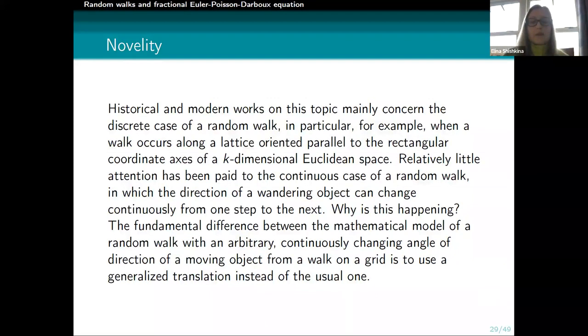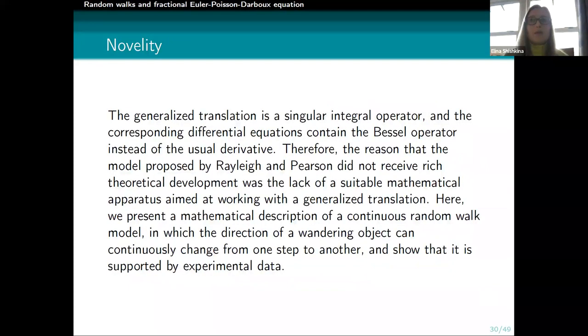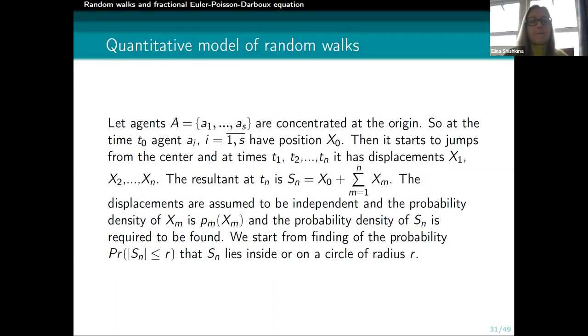And I found that we can use our instruments which we developed for the Bessel operator in this problem. And also we can simulate this problem and see that it really works. So all my instruments I try to apply here.